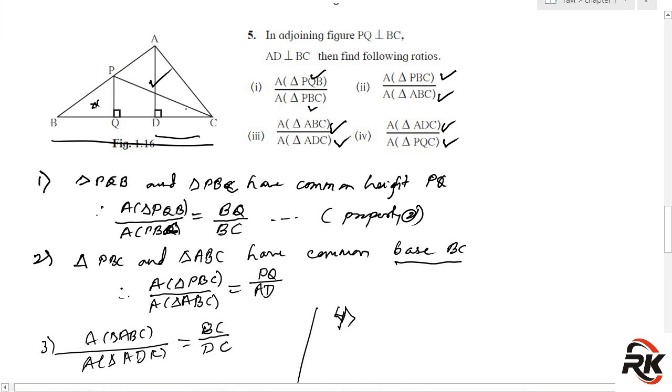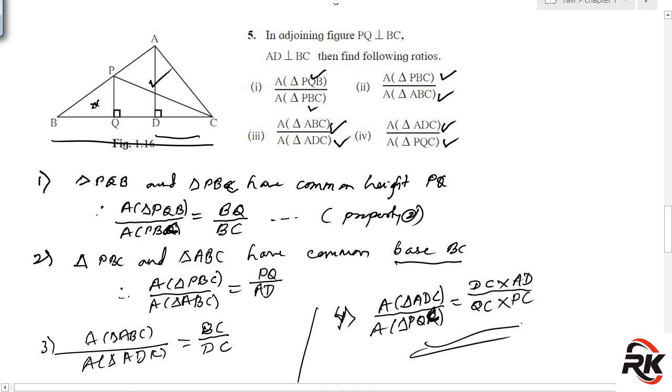Therefore, using first property, the ratio of their areas, area of triangle ADC upon area of triangle PQC is equal to base of triangle ADC is DC into its height is AD upon base of triangle PQC is QC into height is PQ, and this is the answer.